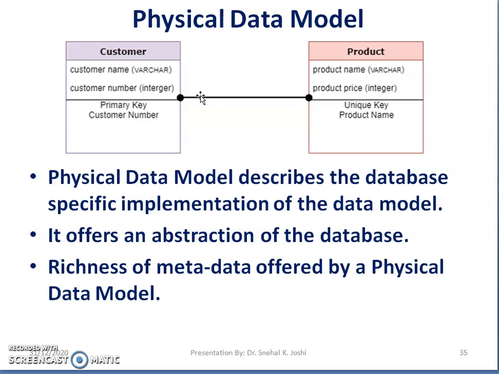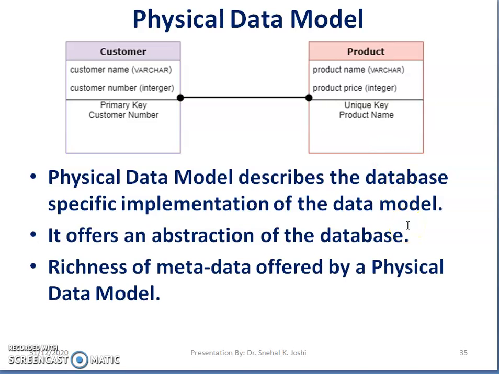And you have here the primary key, by which you can identify a unique record or information from this customer, which is customer number. Similarly, in product, you have a unique key, that is product name. That means every product has its own individual product name, or you can have some other key as well. And we will talk about the keys later on in subsequent lectures.